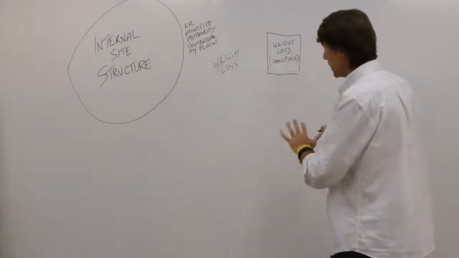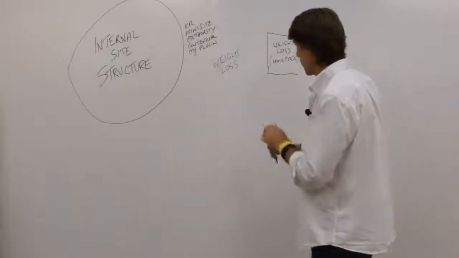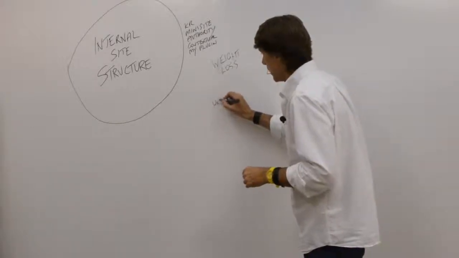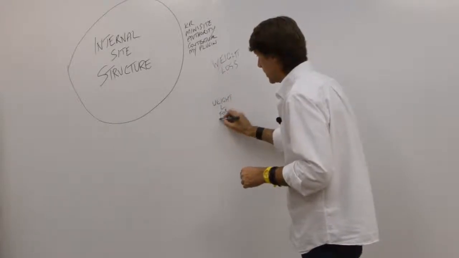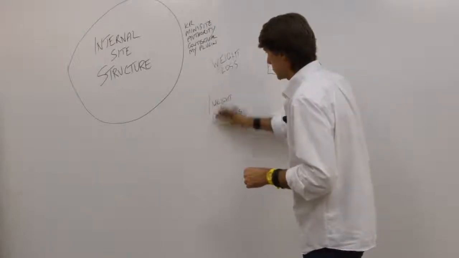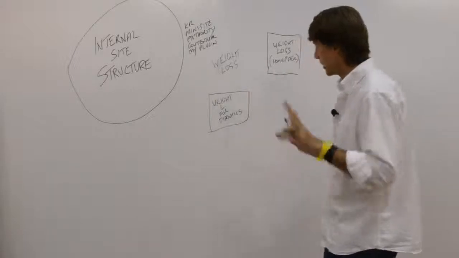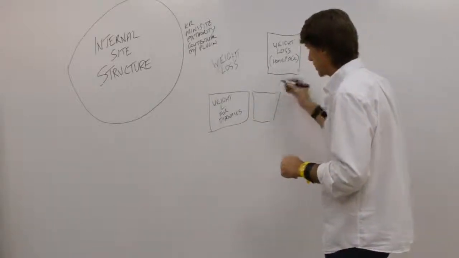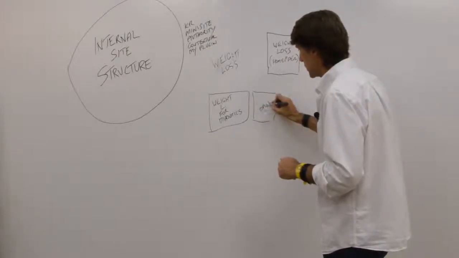But then we've done our keyword research and we've identified some other great keywords to go after. So there could be, for example, here we might have a page on weight loss for diabetics. And that's a page there. And obviously there's going to be a link from there to there, but I'll come to that in a minute. We can also do a page targeting something like weight loss for obese teenagers.